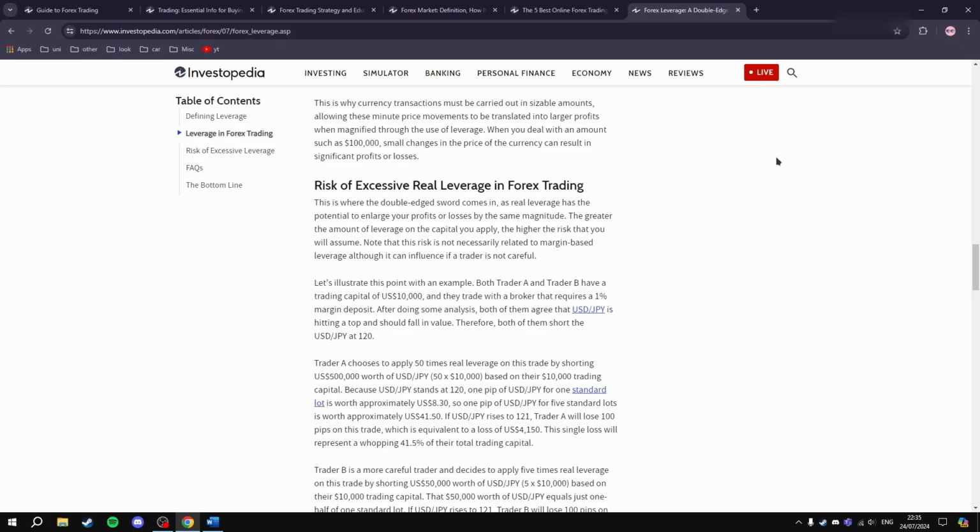When magnified through the use of leverage, when you deal with an amount such as 100,000 USD, small changes in the price of the currency can result in significant profits or losses.